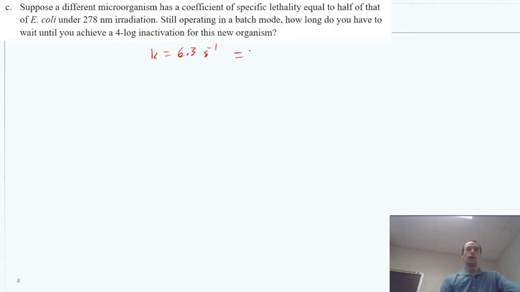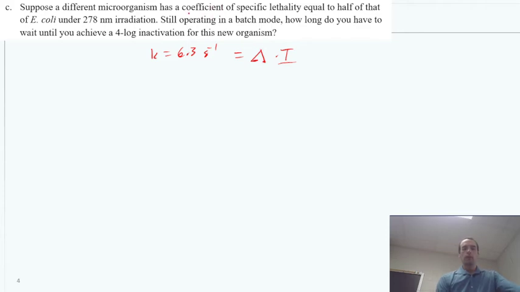So you could say this is kind of like a K star equals K times C. And I think we had in the lecture notes, I think we wrote the coefficient of specific lethality like that times some intensity. The point being, we halved this.